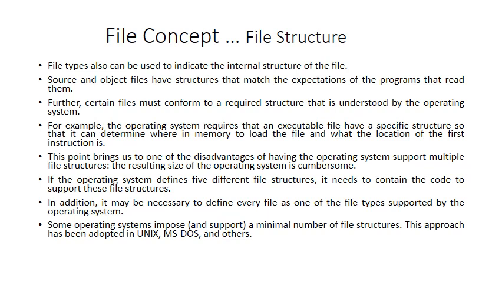In addition, it may be necessary to define every file as one of the file types supported by the operating system. Some operating systems impose and support a minimal number of file structures. This approach has been adopted in Unix, MS-DOS and others.